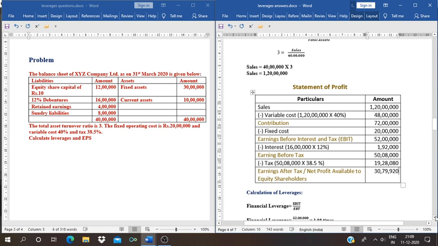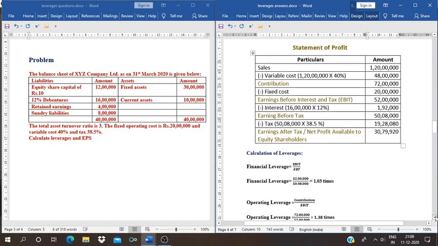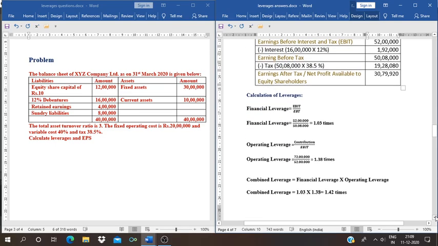After preparing the statement of profit, now we are going to calculate the leverages. First one is financial leverage. The formula is EBIT divided by EBT, and I have simplified it. Operating leverage, the formula is contribution divided by EBIT.